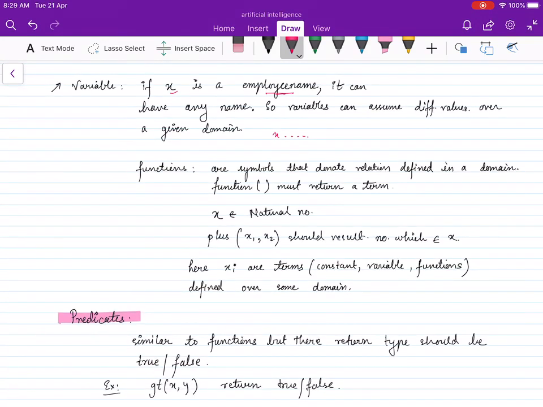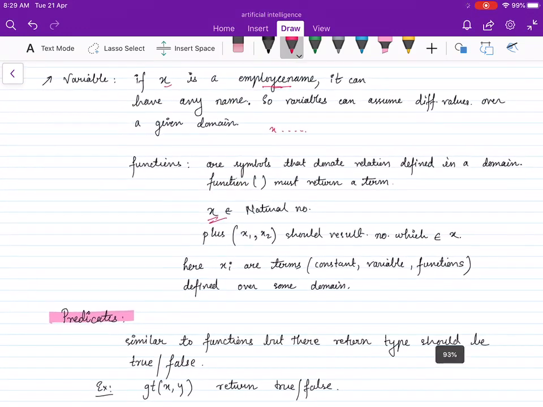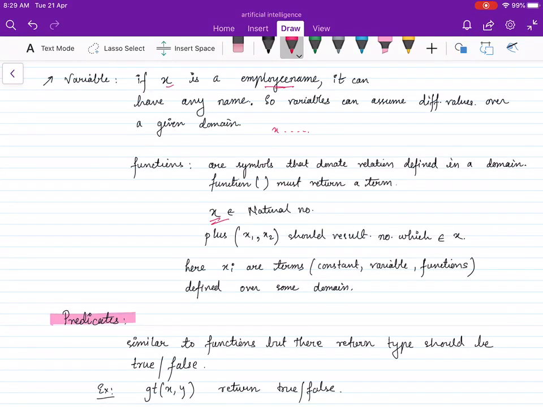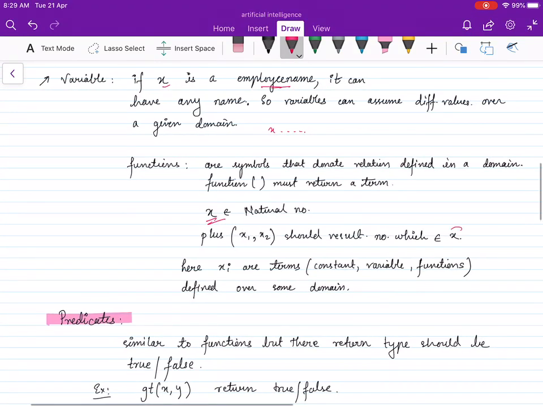For example, if x is the set of natural numbers, then plus(x1, x2) should result in a number which also belongs to x, that is a natural number.